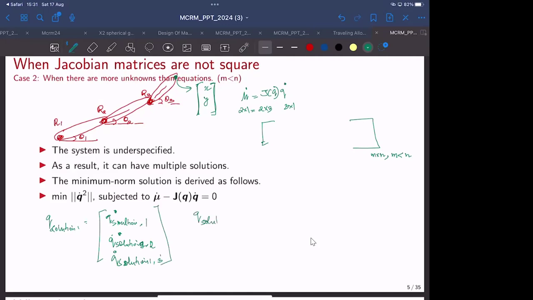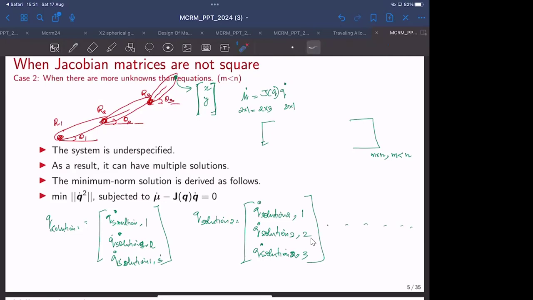Q solution 2 would be another vector with the elements Q solution 2 first variable, second variable, and third variable. And we have multiple solutions, up to Q solution N. Out of all the solutions, we would mostly go with the solution that has the minimum norm.